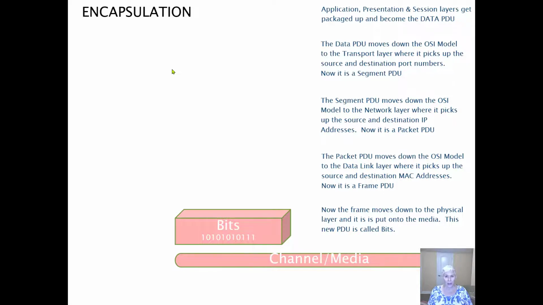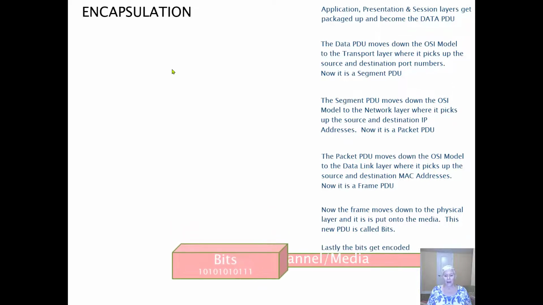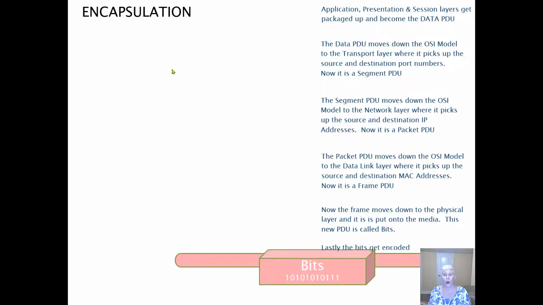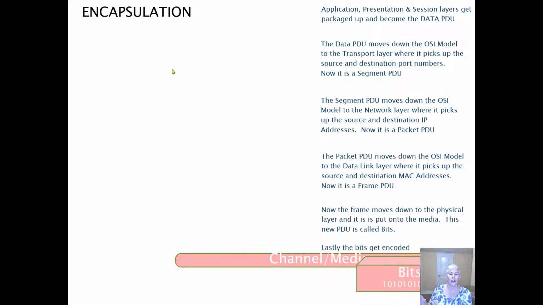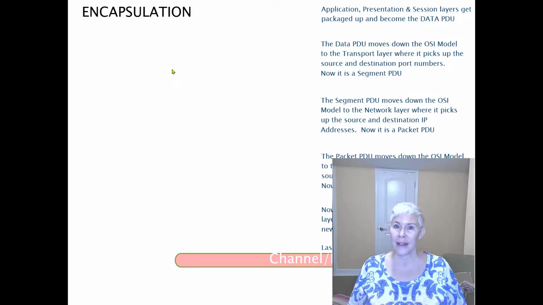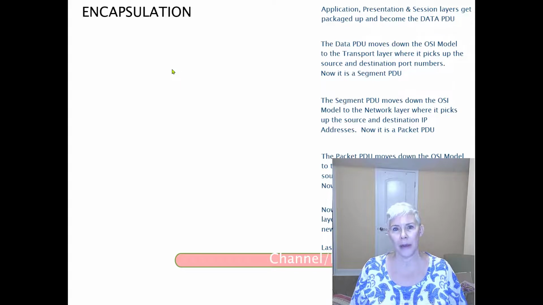So now the bits are going to be encoded, they're going to be put down onto the media, and they're going to move across the media to the destination. Now this exact same process in reverse will happen.